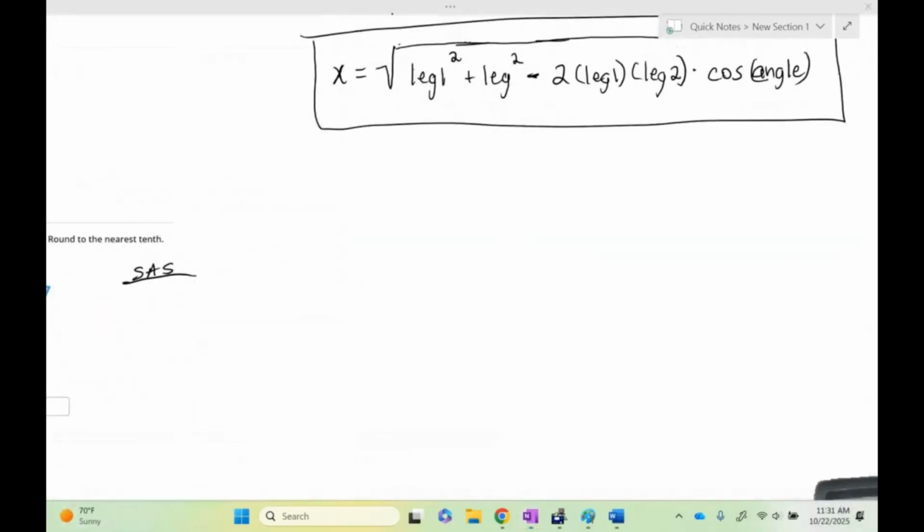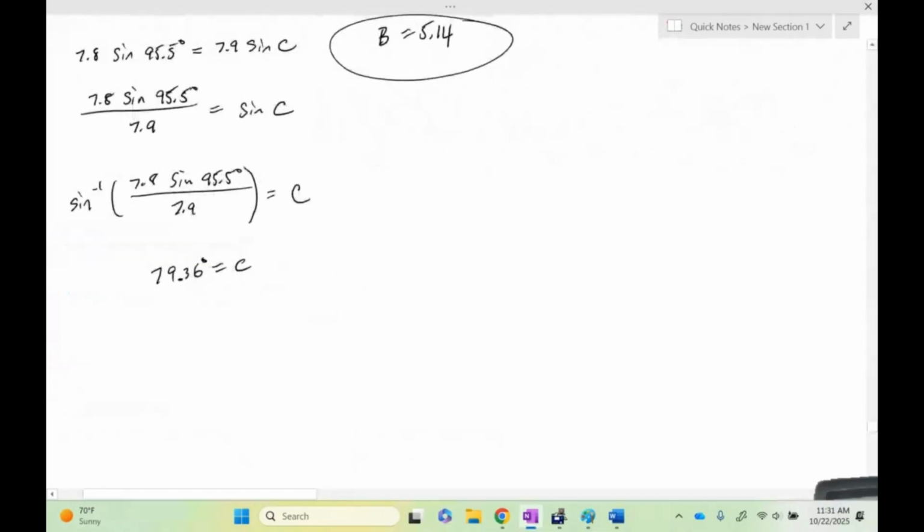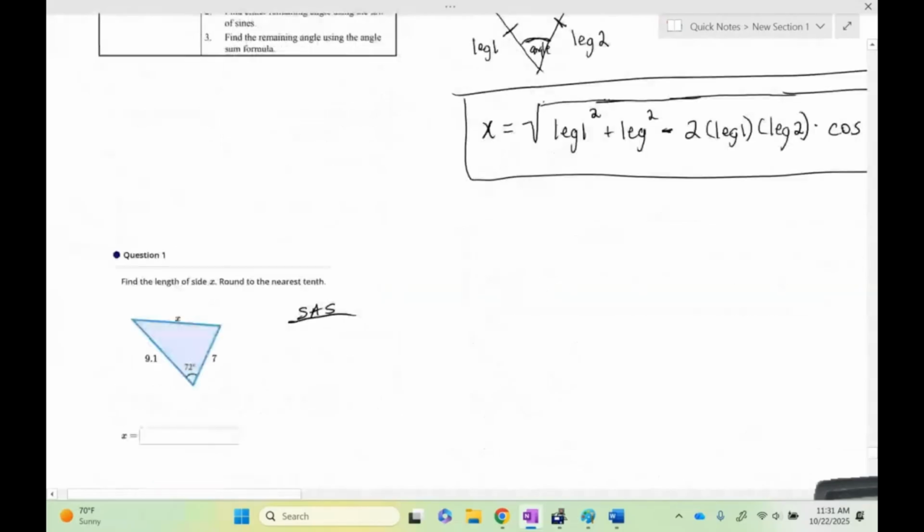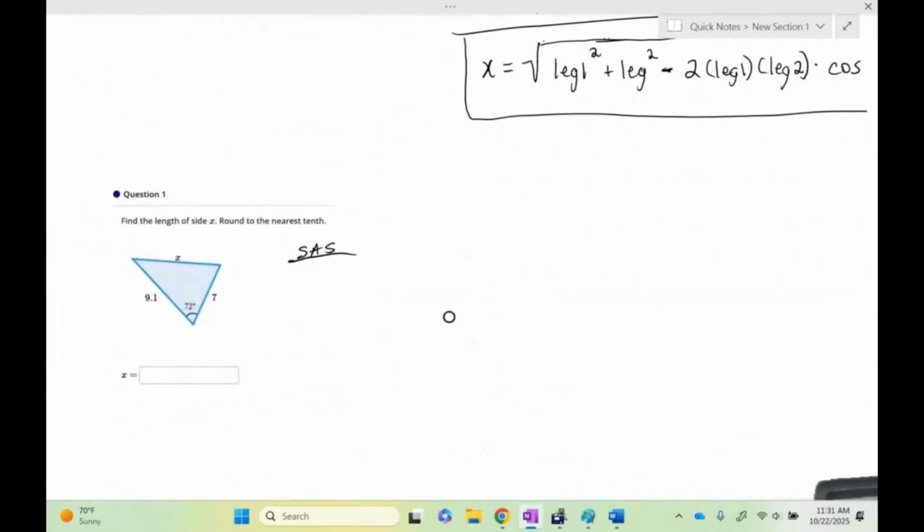Since they don't label this triangle in an A, B, and C format, you can put A, B, and C to it.